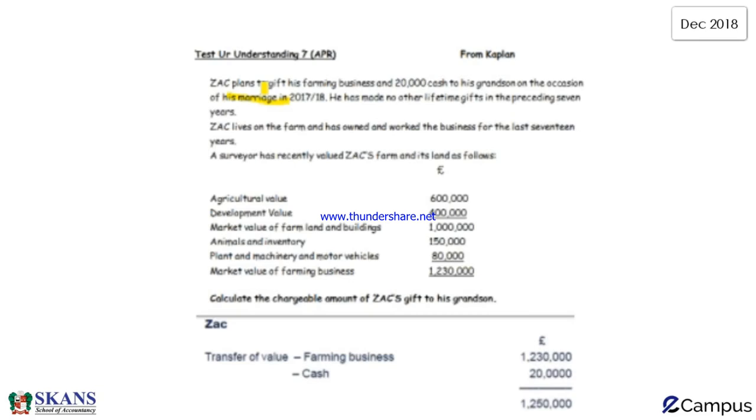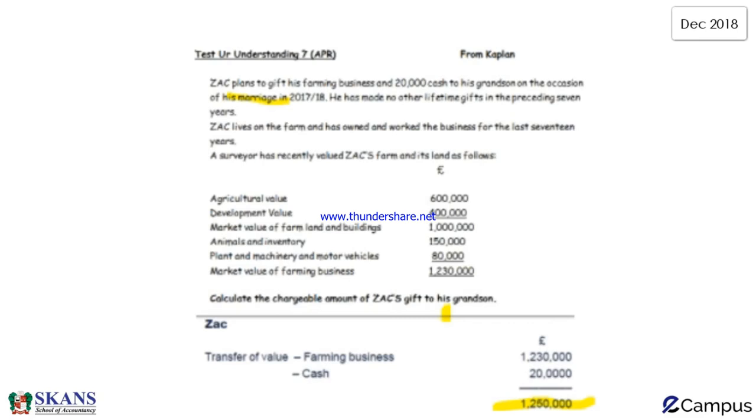Market value of the farming business is 1.23 million plus 20,000 cash. So the transfer of value would be 1.25 million. But first, we need to decide what are the assets which will qualify for APR, and what are the assets which will qualify for BPR.